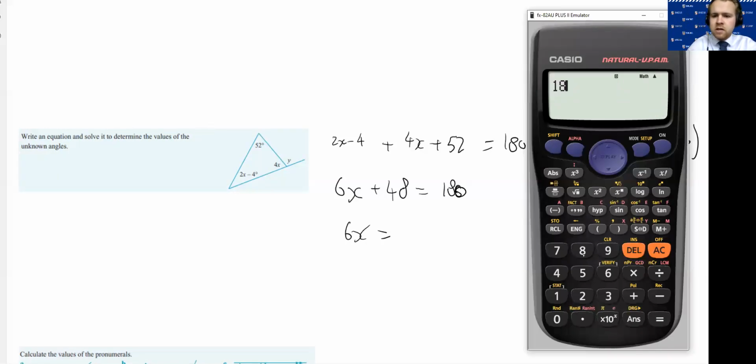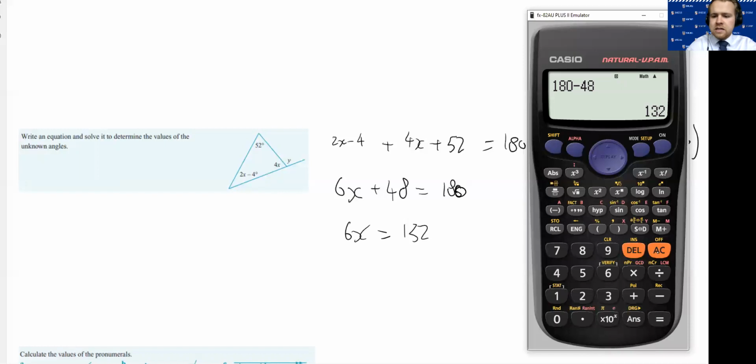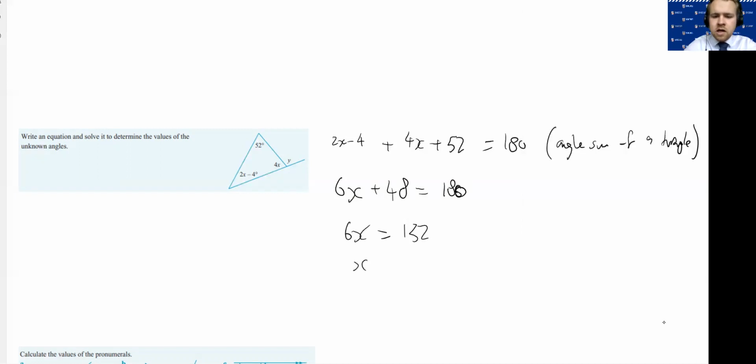So we just plug that in here. We get our answer 132. And then we're going to divide that by 6. Let's see if this works. I get 22. So x equals 22 is my answer.